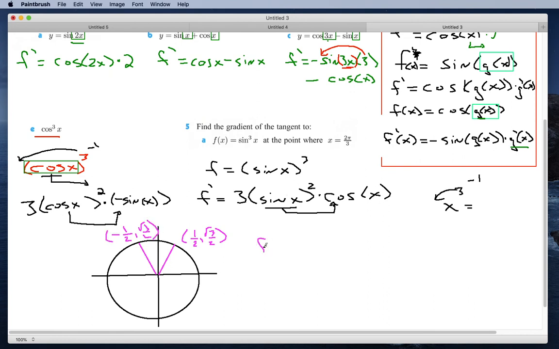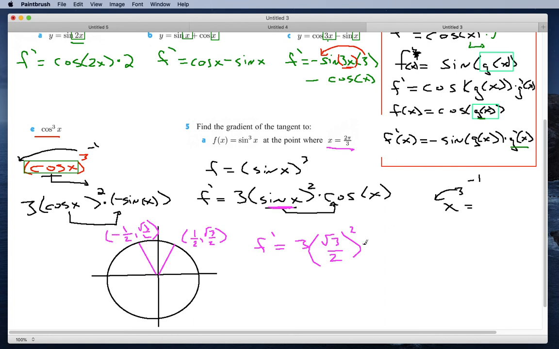So if I insert them into my values, sine at 2 pi over 3, well, that's my square root 3 over 2. So this is going to turn into 3 times square root 3 over 2 squared. So sine x in this case is this point here. Remember, our y is sine x and our cosine is the x coordinate.